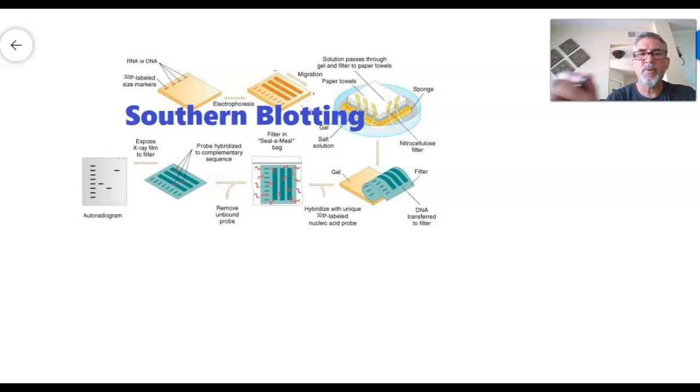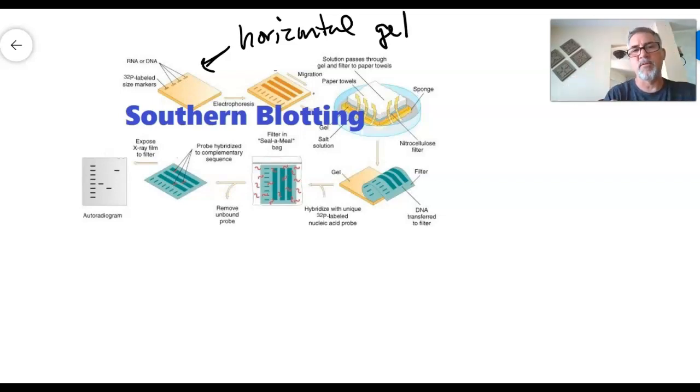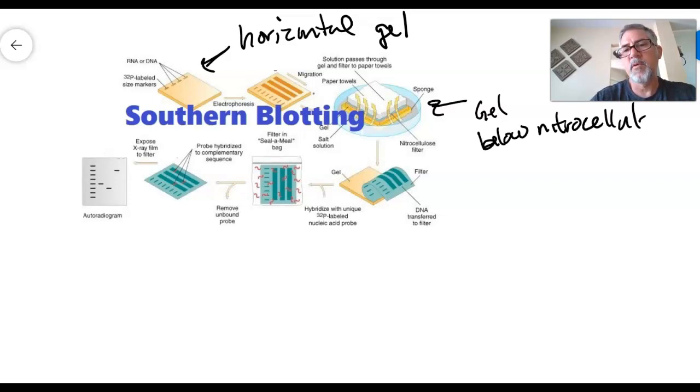It's pretty much the same, right? So here I've got my horizontal gel. I do my electrophoresis, and then I have the same thing. Here, I'll put my gel below, and on top of it I have my absorbent material.